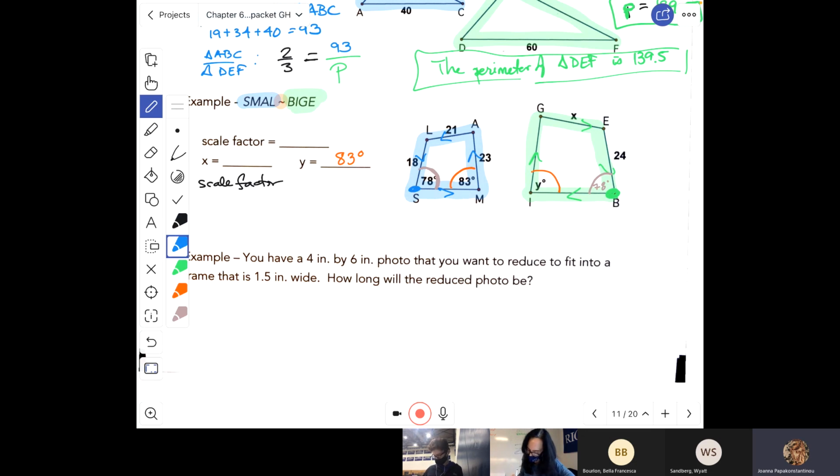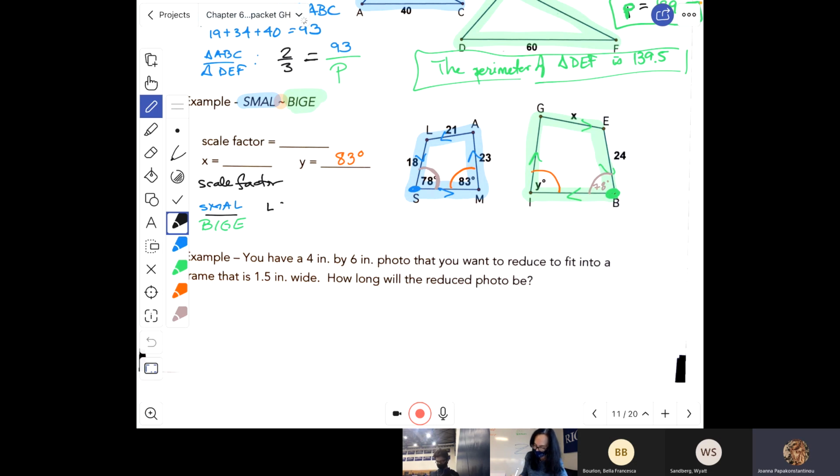Okay, why not? So I'm starting with SMAL, and I'm writing a ratio of that to BIGE. Okay, so for SMAL, I don't care which one we want to use. What do we want to use?